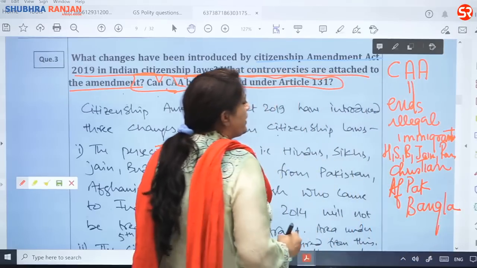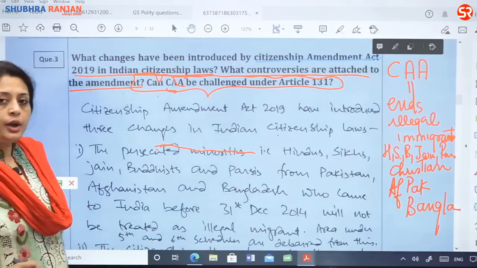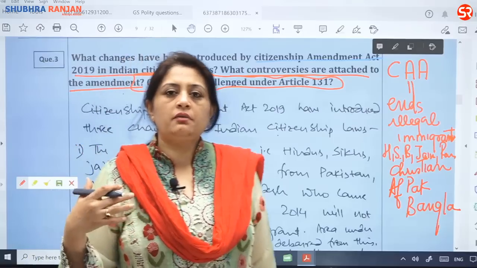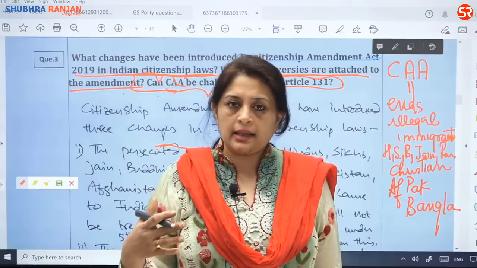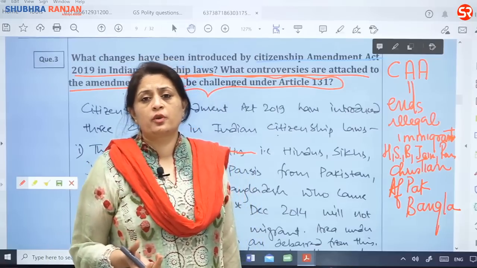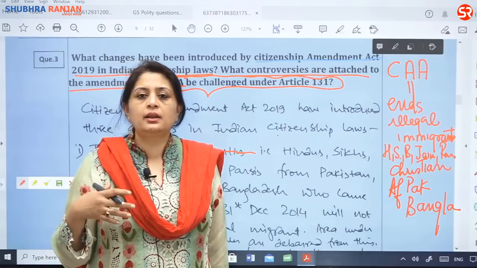Fine. And it reduces the time period within which they will be getting the citizenship. So it is the route for citizenship, and they will not be treated as illegal immigrants.